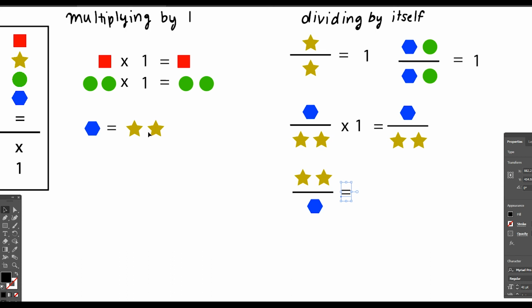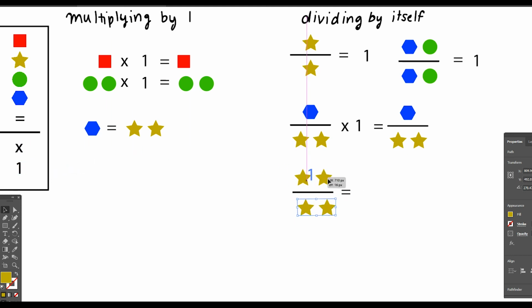And so it is really easy for me to say, okay, perfect. Well, in that case, then these gold stars are equal to this blue hexagon. And if I just traded out this blue hexagon for 2 gold stars, because I can, because it's allowed, then it's easy to see that we end up with just the number 1.